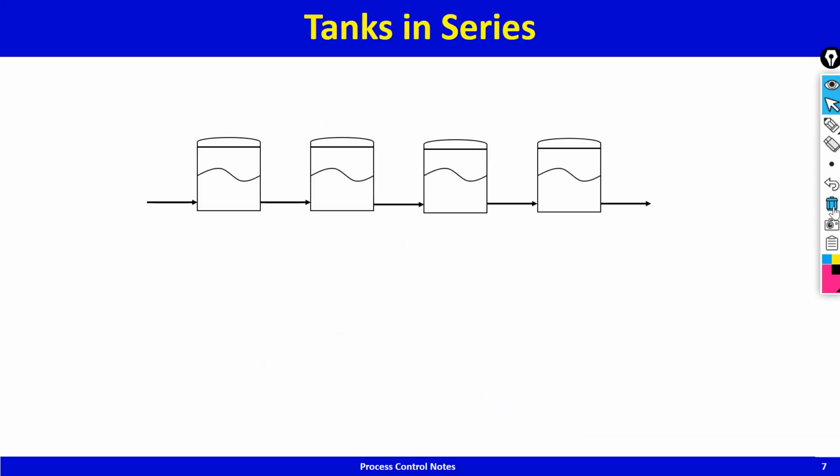Let's continue. Tanks in series. So there's 4 tanks in series. You've got 1, 2, 3, 4, 5 valves. So control degrees of freedom is 5. You put a flow controller on the first flow, on the inflow, and then you have level controllers oriented in the direction of flow as shown in the figure.